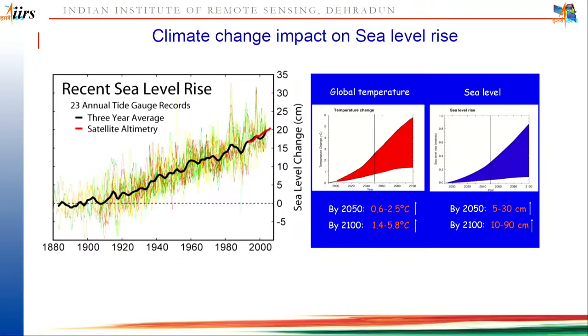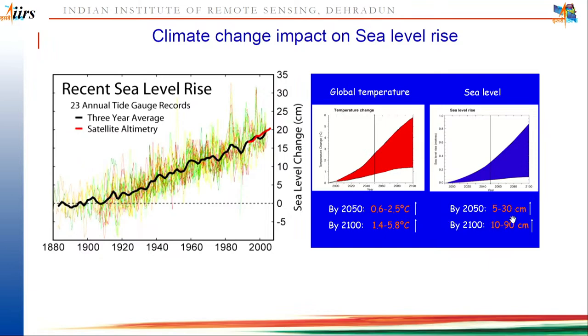Sea level is rising, and it is confirmed with the altimetry data. Here you see that by 10 to 90 centimeter, 5 to 30 centimeter by 2050. Temperature rise by the end of this century is around 1.4 to 5.8 across different parts of India and the globe.